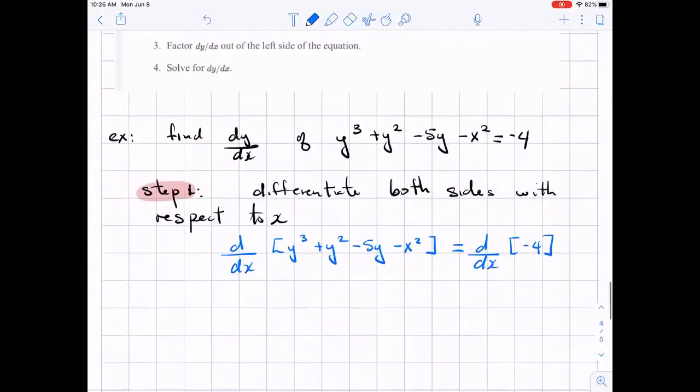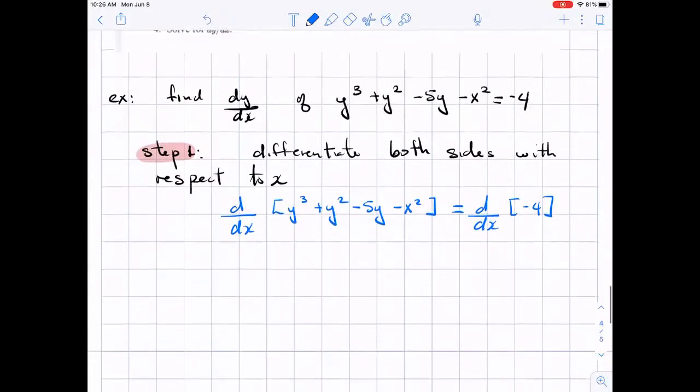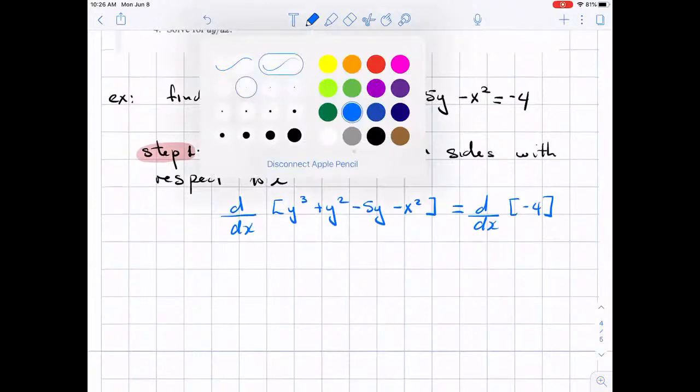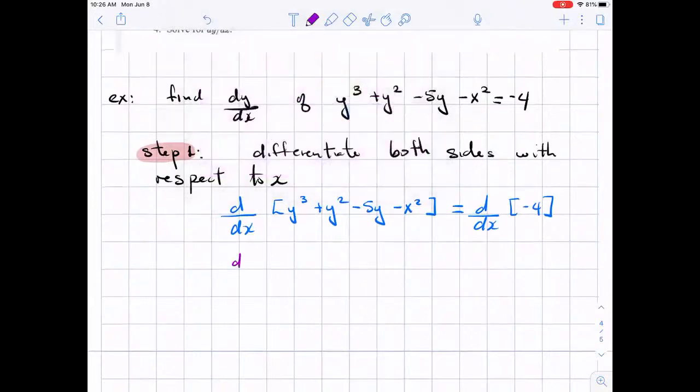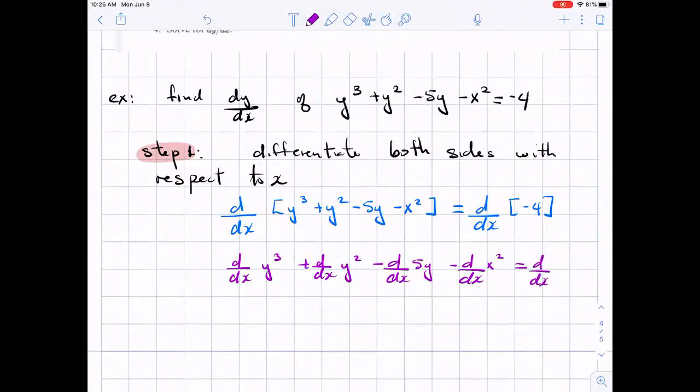Now, since these are all sums, we're going to differentiate each one of them. So if we separate it, this is just d/dx of y cubed plus d/dx of y squared minus d/dx of 5y minus d/dx of x squared, and that is equal to d/dx of negative 4.